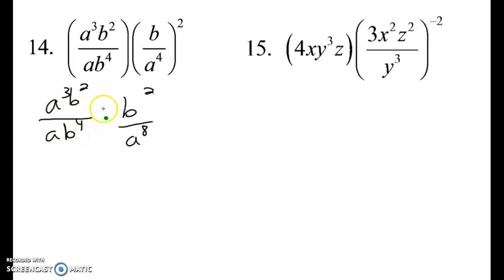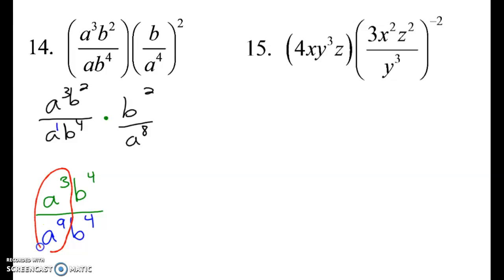All right, so for fractions, once you get them simplified, go ahead and multiply straight across. So a to the 3rd, b squared times b squared would end up being b to the 4th. You're going to add those. And then for the denominator, we have a to the 1st and a to the 8th. Add those to be a to the 9th, b to the 4th. And we can simplify a to the 3rd over a to the 9th.